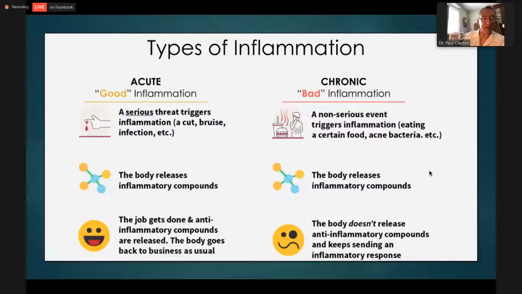It's very important to be able to mount an inflammatory response because this is part of the way in which we defend ourselves against pathogens, which could be an invading bacterium or virus, or it could be mold, or indeed against physical injury. When invaded by a pathogen, the acute inflammatory response is actually one of the most important ways in which we defend ourselves against these invading pathogens.